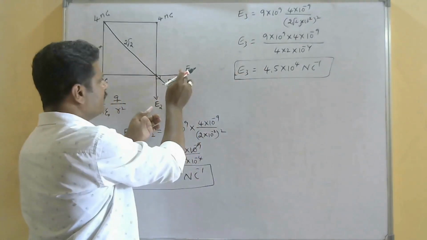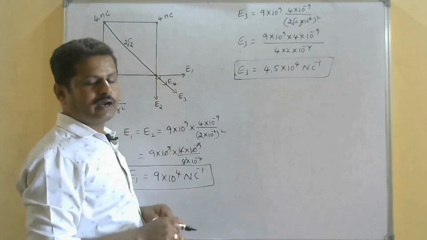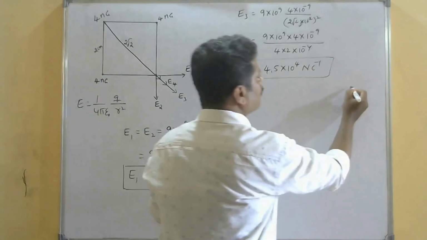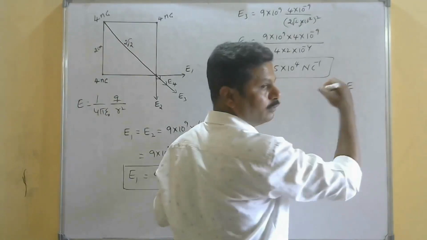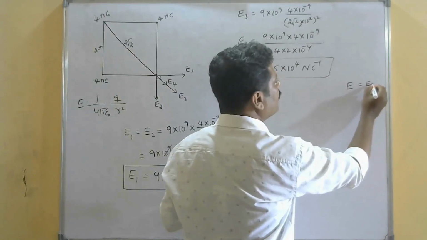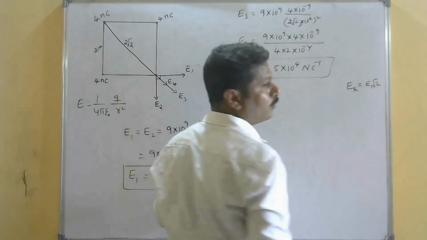Now you can see E3 and E4. E4 is the resultant of E1 and E2. Whenever two equal vectors are acting at an angle of 90 degrees, the resultant is equal to root 2 times E1.